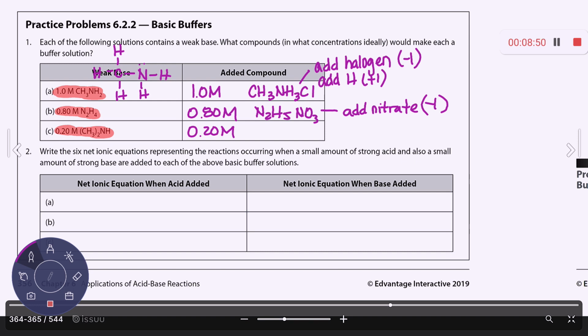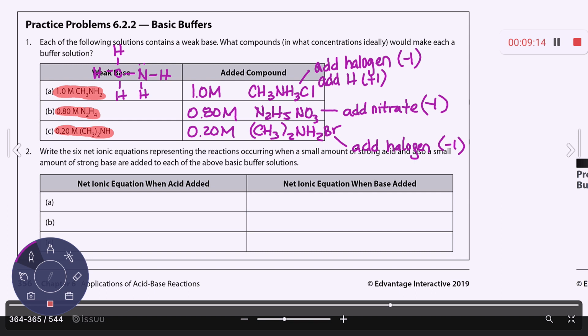So this would become CH3NH3, and then, because that's a +1 charge, add something that has a -1 charge again. Doesn't matter, pick a halogen. If you want to add chlorine, you could. If you want to add bromine, you could. They both have a -1 charge to make it neutral.